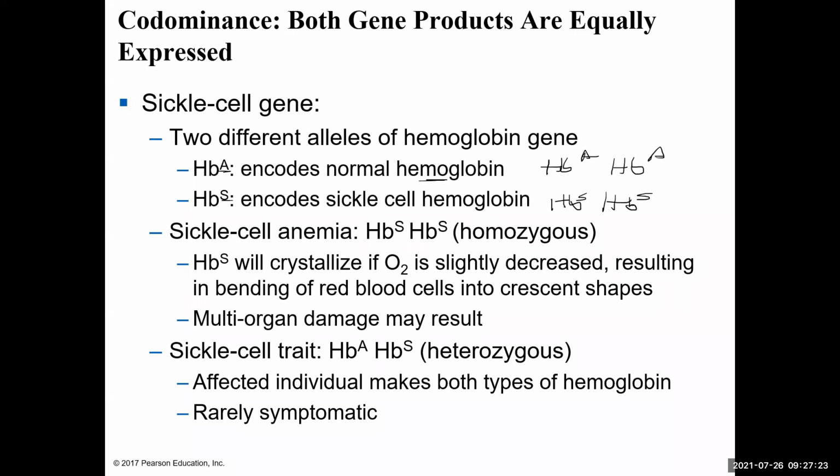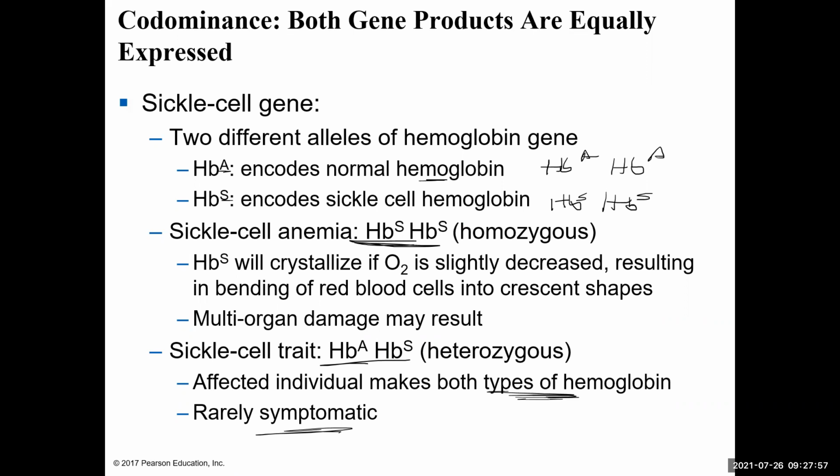If you're HbS homozygous, then you have sickle cell blood. However, if you're heterozygous, HbA and HbS, then you actually have some of the sickle cell trait and some normal hemoglobin. So this individual makes both types of hemoglobin, but they don't see the symptoms from sickle cell like a person that's homozygous for sickle cell.